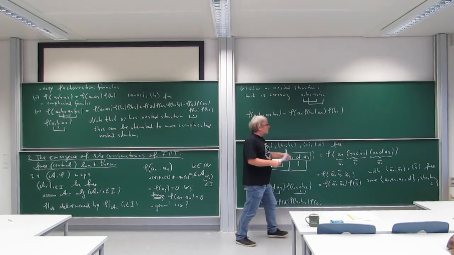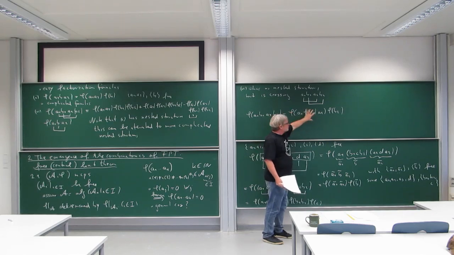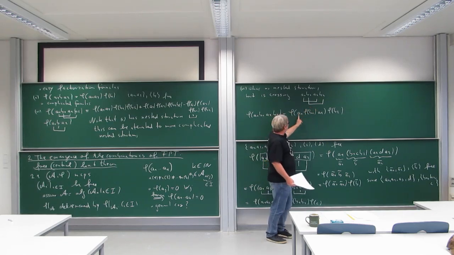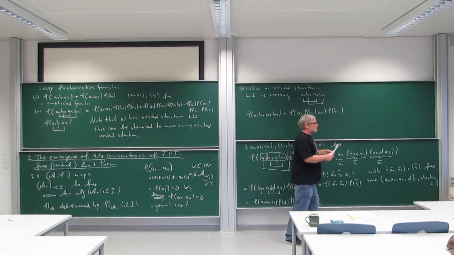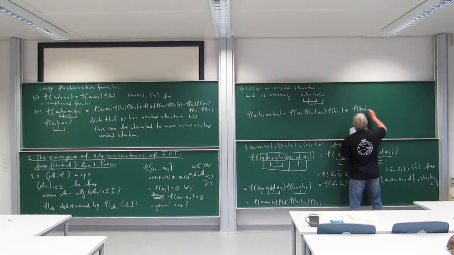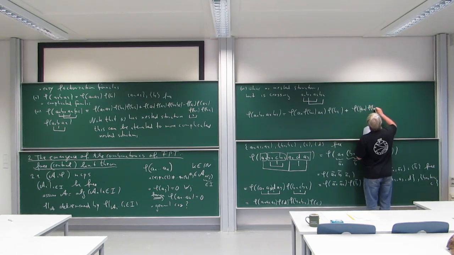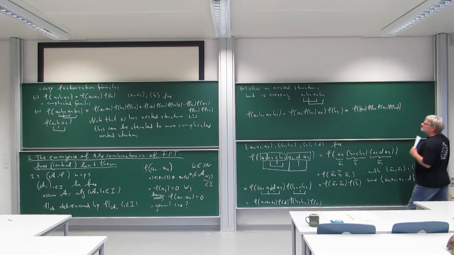So this is the same as before. Phi of B1 is just a number, so I can move it out if I like, but I can also move it inside there. I just want to keep the order A1, B1, A2, B2, because then maybe the structure becomes clearer. The second term I'm writing as phi of A1, phi of B1, phi of A2, phi of B2.